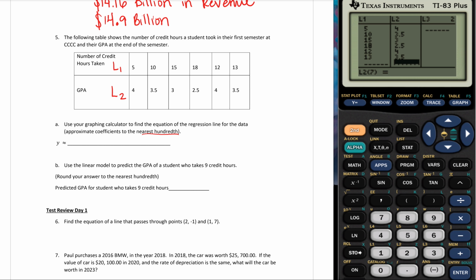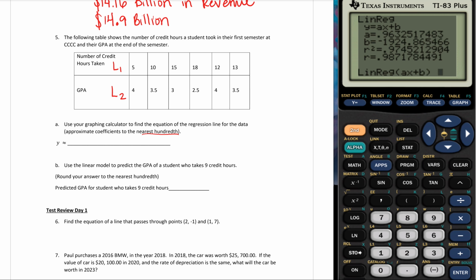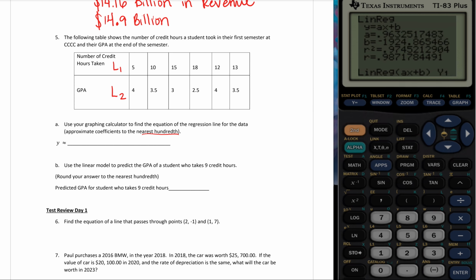Okay, so now everything's even. Double check my input. And I'm going to do a linear regression. So stat calc 4. And let's see, I'm going to use the model to predict. So I know I'm going to go vars, y vars. And I'm going to hit enter, enter, enter.